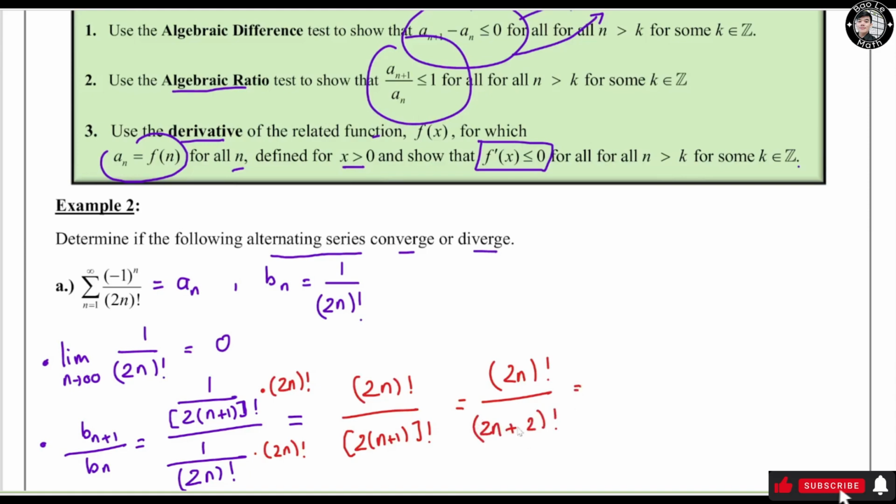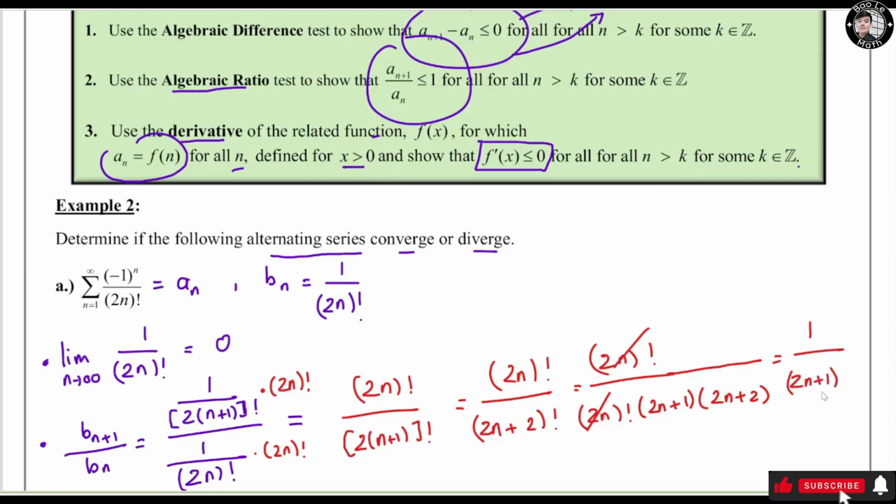So look at the bottom, it's going to be 2 units greater than the top. So I just write (2n) factorial over (2n) factorial times (2n plus 1) times (2n plus 2). And then this cancels out. It's going to be 1 over (2n plus 1) times (2n plus 2).